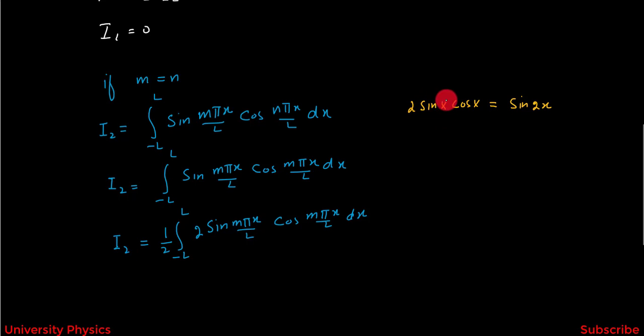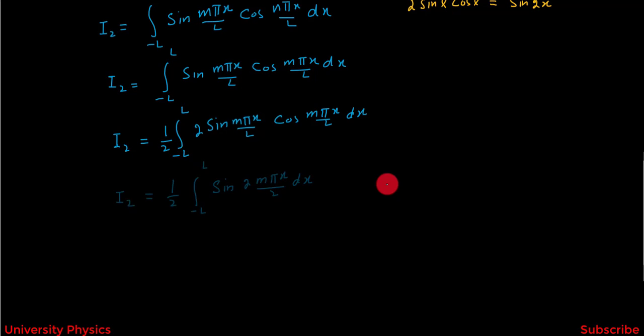Now applying this trigonometric relation, we get I2 is equal to half the integral from -L to +L of sin(2mπx/L) dx.